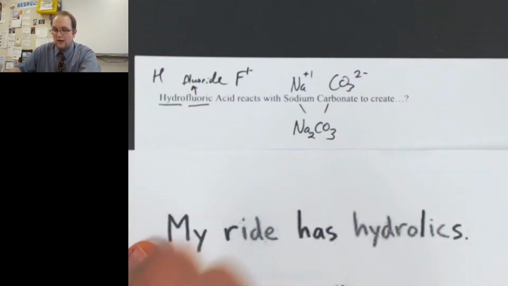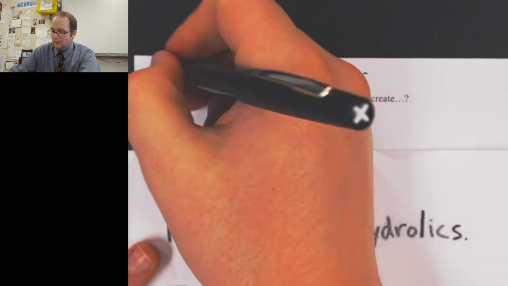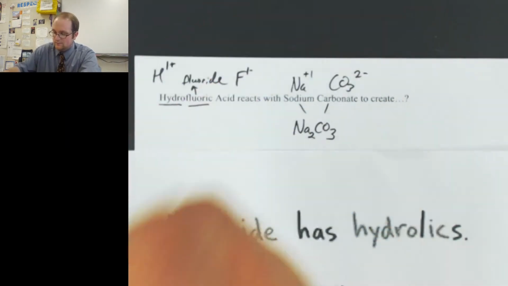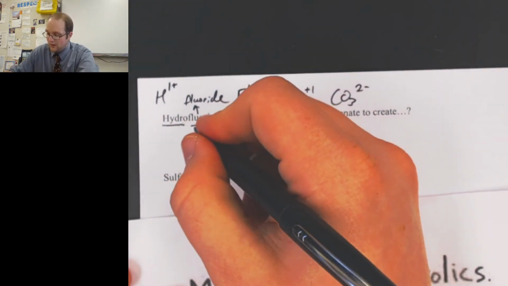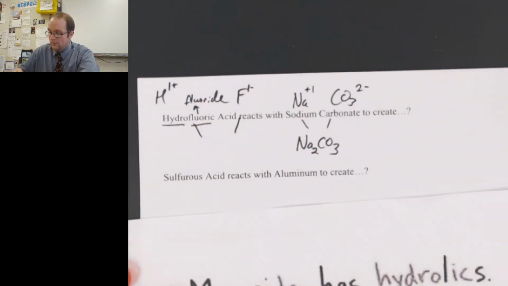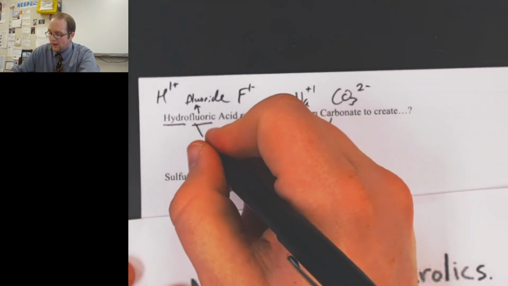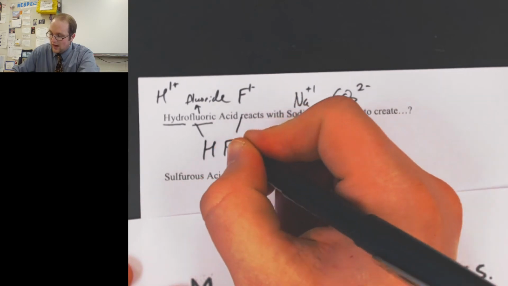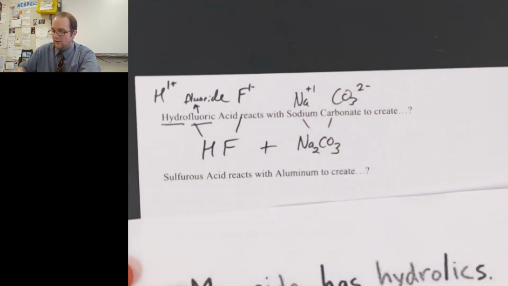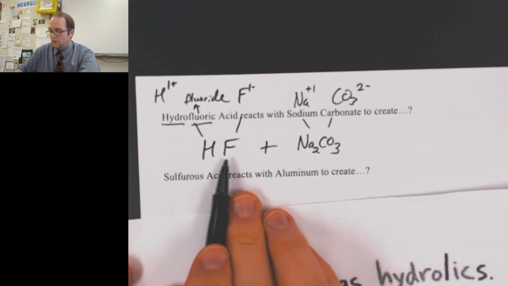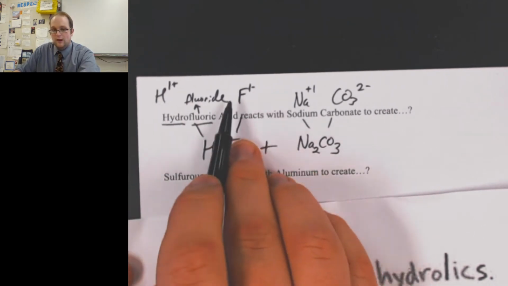So we're going to need to have a hydrogen, and that is a +1 charge. Okay, so let's write the formula for our acid here, and boom, boom, we have HF, hydrofluoric acid. These two are going to be balanced because of that +1 and -1.